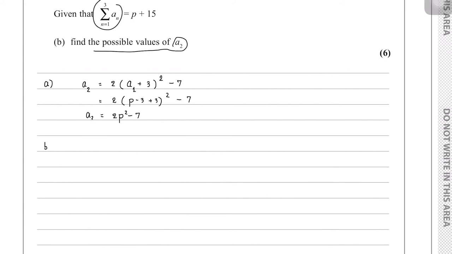In problem B, we have to find the possible values of a2 with this information. So first we write down the information of summation n equals 1 to 3 of an. This one will be a1 plus a2 plus a3. We already know a1 and a2, so we have to find a3.